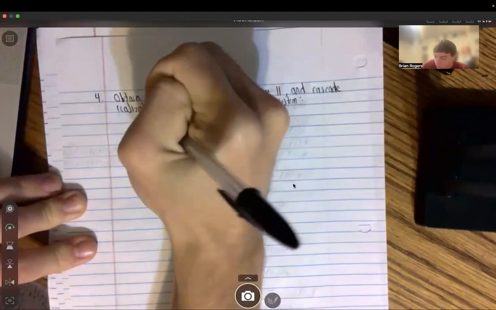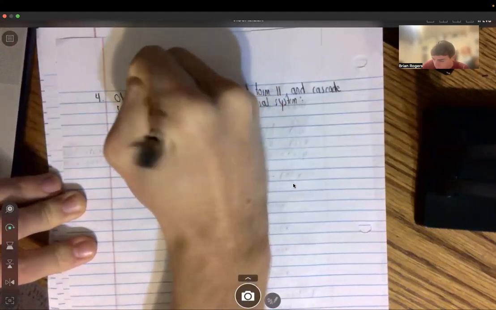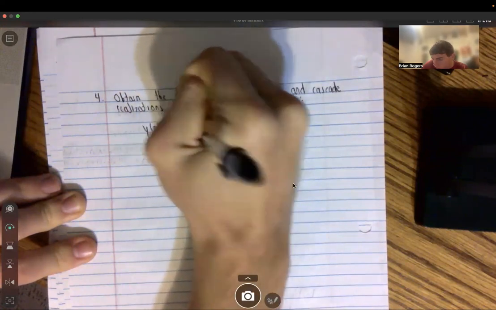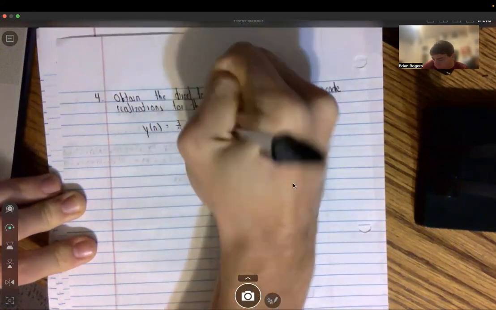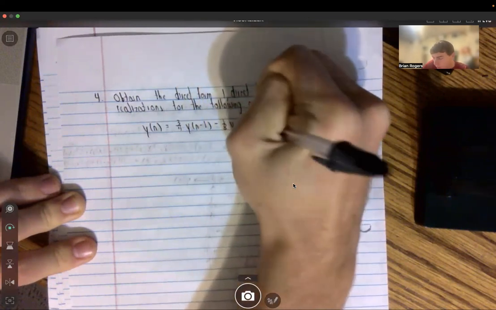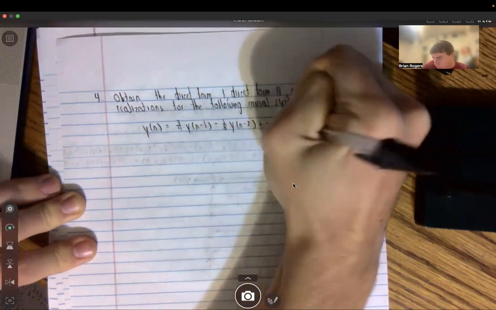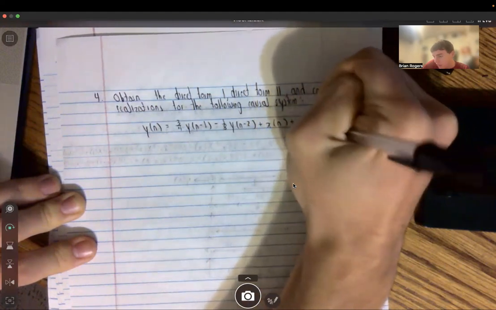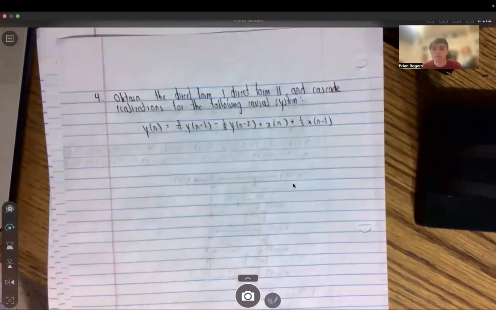And so for a causal system, we're given y of n is equal to 3/4 y of n minus 1 minus 1/8 y of n minus 2 plus x of n plus 1/3 x of n minus 1.